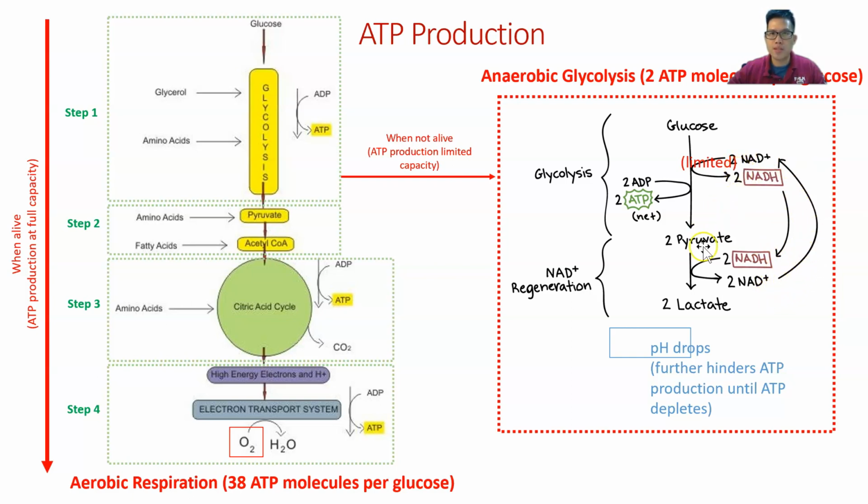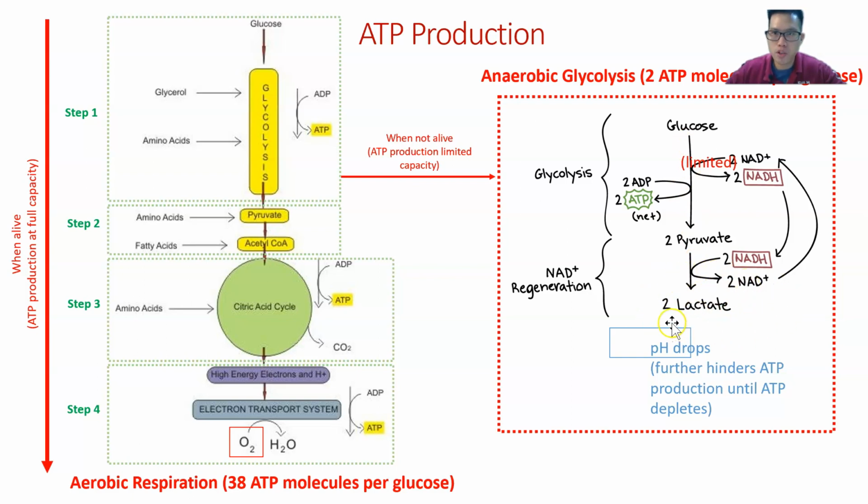So they will convert the pyruvate to lactate to regenerate the NAD+, so that this loop will continue to produce a net of 2 ATP. So through anaerobic glycolysis, very limited ATP will be produced.